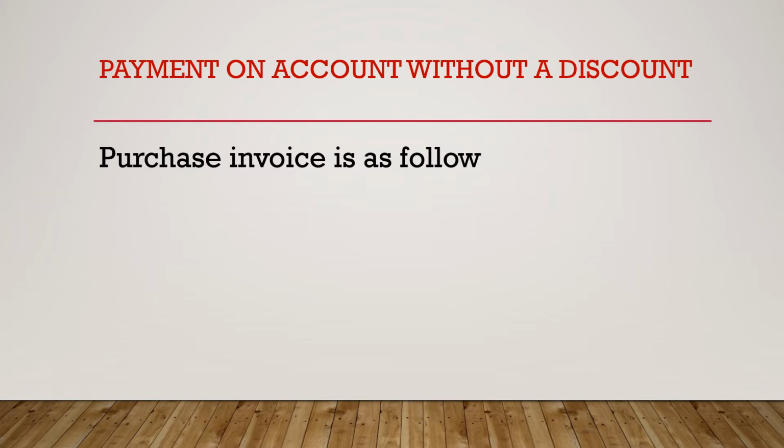Your company did not pay it within 10 days, so there was no discount. So what will happen next is your company will receive a purchase invoice, and this is how it will look like.